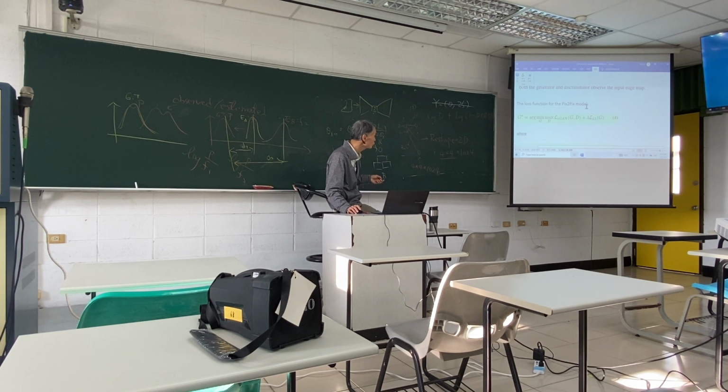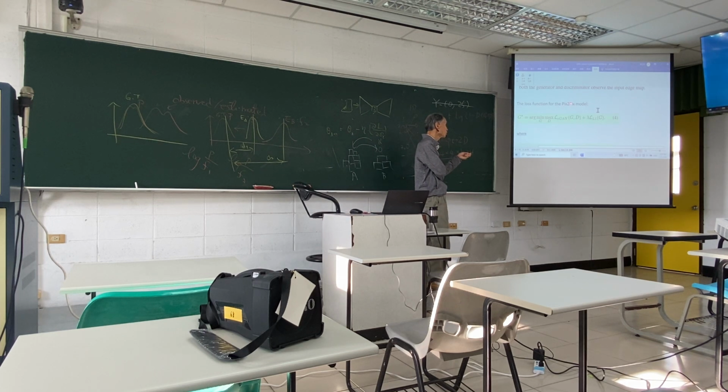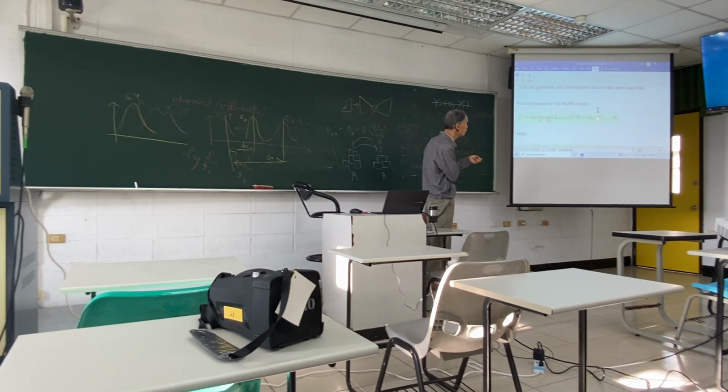And the loss function, basically the loss function for the pixel to pixel, for image to image translation, again, minimax GMD. That's the standard GAN. Then plus L1G, the generator L1.